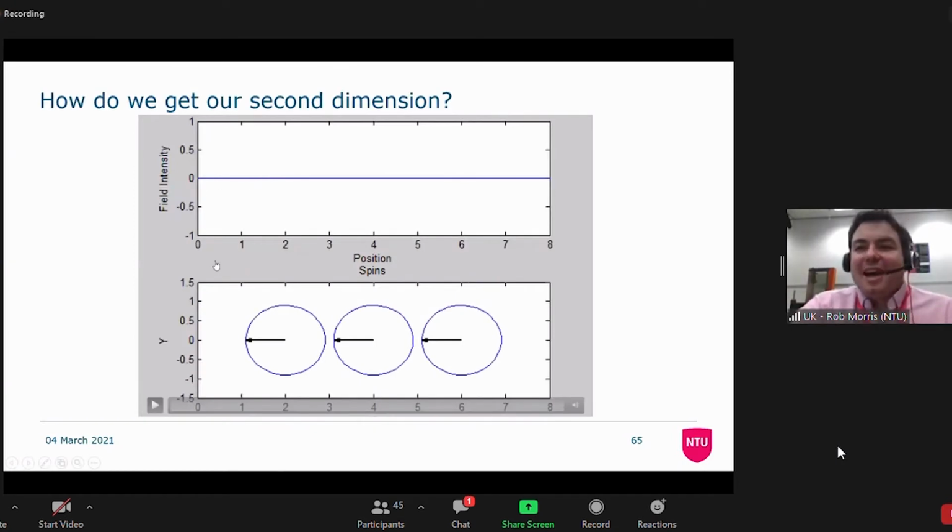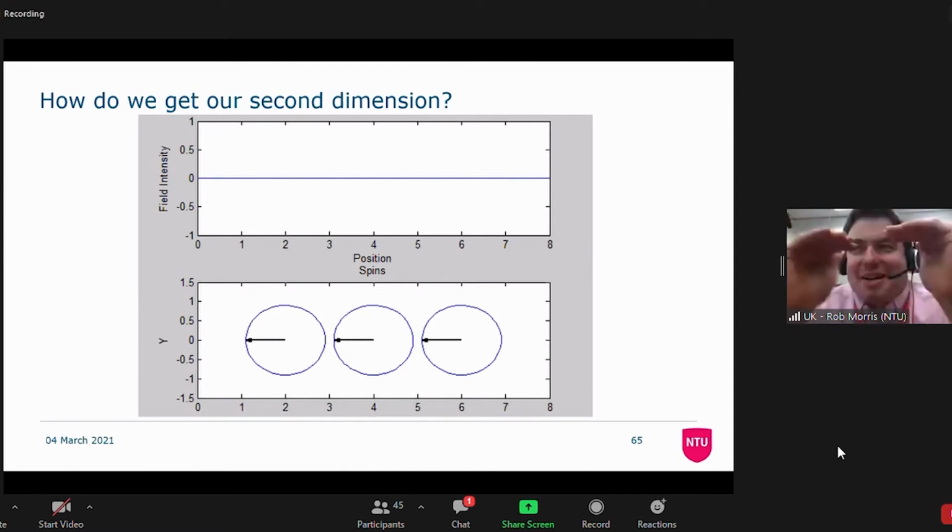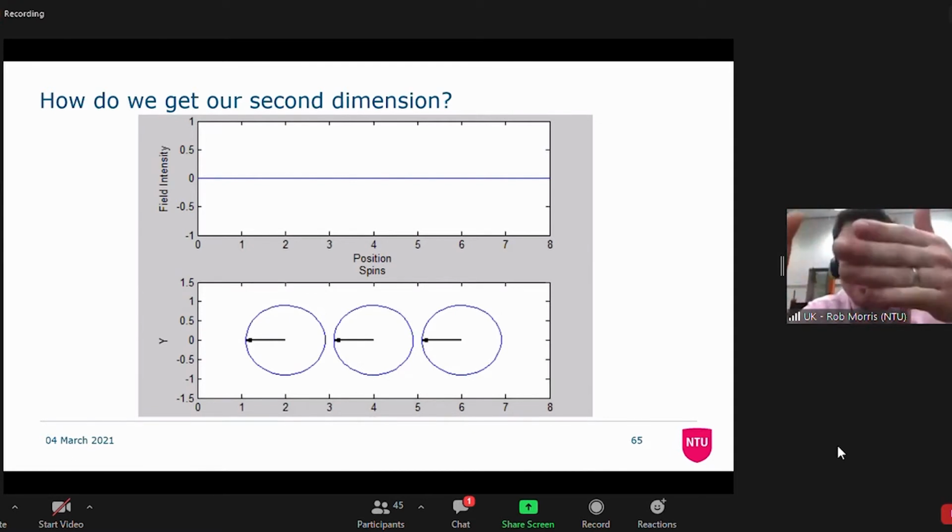So in order to get our second dimension, we do something which we call phase encoding. If you think about what's happening with our spins, and this one is a slightly abstract concept, so I'll go through it a couple of times and hopefully we'll all arrive together at the end.